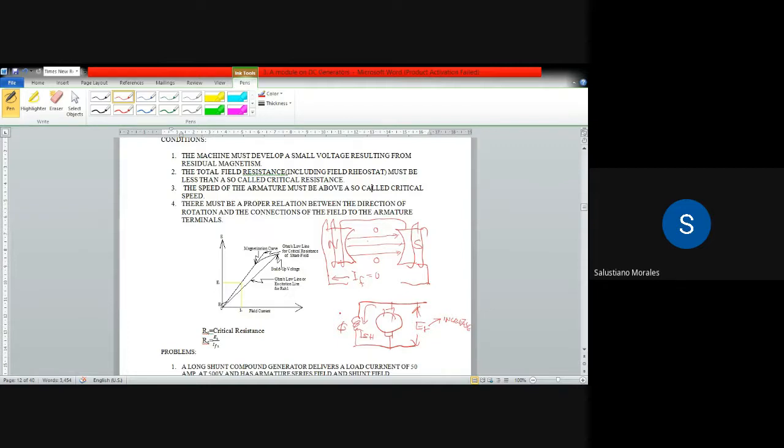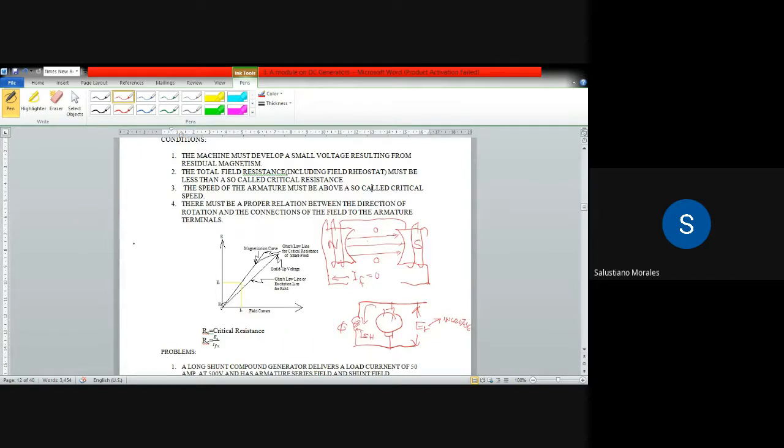We're going to apply a DC voltage to the field winding for maybe a few minutes or a few seconds, so that the magnetic particles will align. And if you remove the DC source, then the magnetic particles will retain a small arrangement that will cause now the residual magnetism. And that method to regain the residual magnetism is called flushing the field.